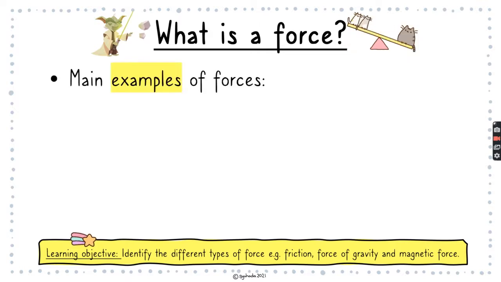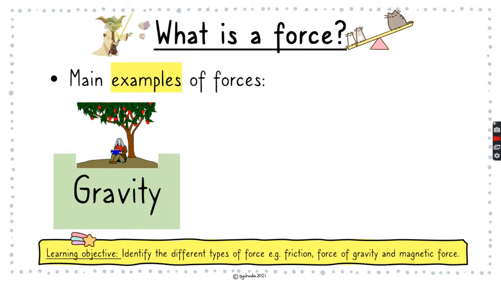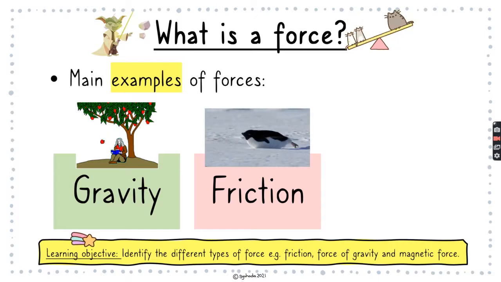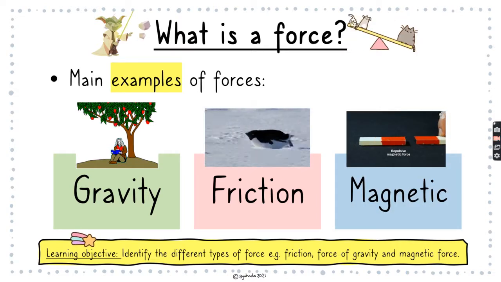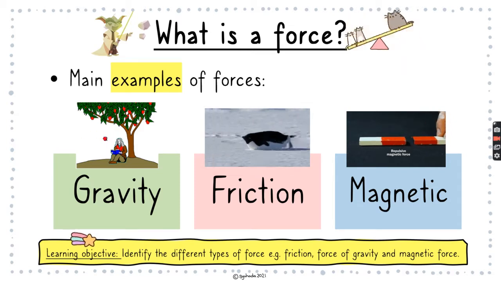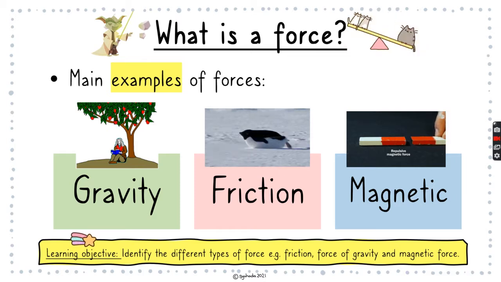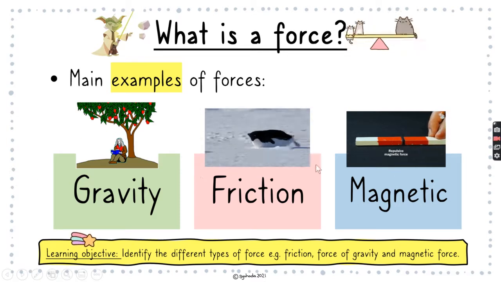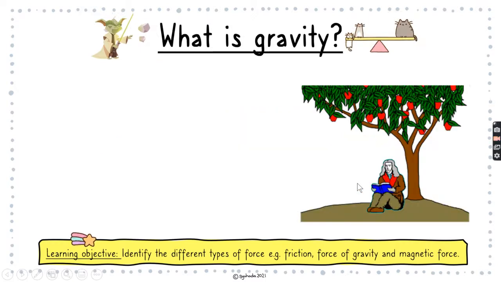So the main examples of forces that we have are firstly gravity, secondly friction, and thirdly the magnetic type of force. Again, let me remind you that a force is a push or a pull. So every one of these types of forces has that kind of push or pull going on.